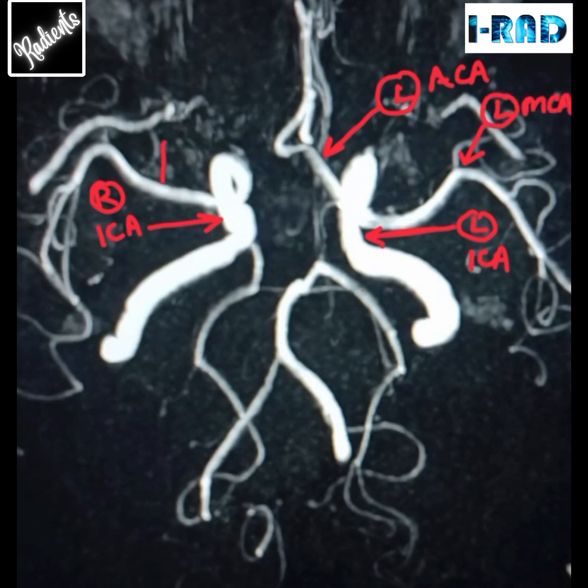Similarly, here we can see the right MCA, but if we want to find out where the A1 segment of ACA is, we see that on the right side it is absent. So A1 on the right side is absent.